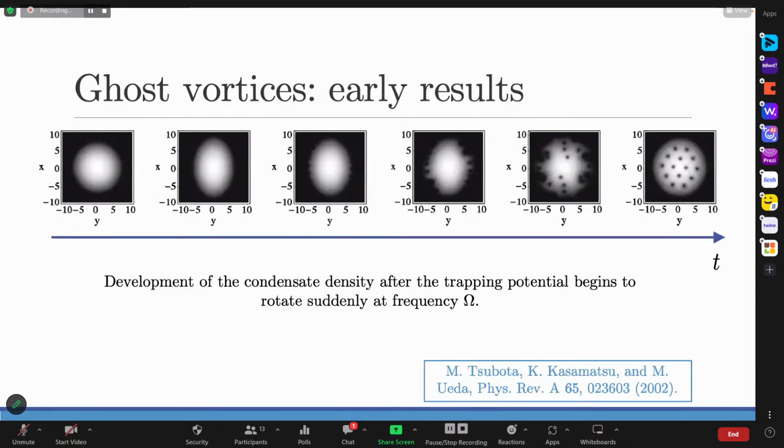Ghost vortices have quite a long history. Soon after the first experimental observation of vortices in atomic BECs, the dynamics of vortex lattice formation upon trap rotation was extensively investigated by means of numerical simulation of the 2-dimensional Gross-Pitaevskii equation. It was in this context that a new class of topological excitation, termed ghost vortices, was pointed out.